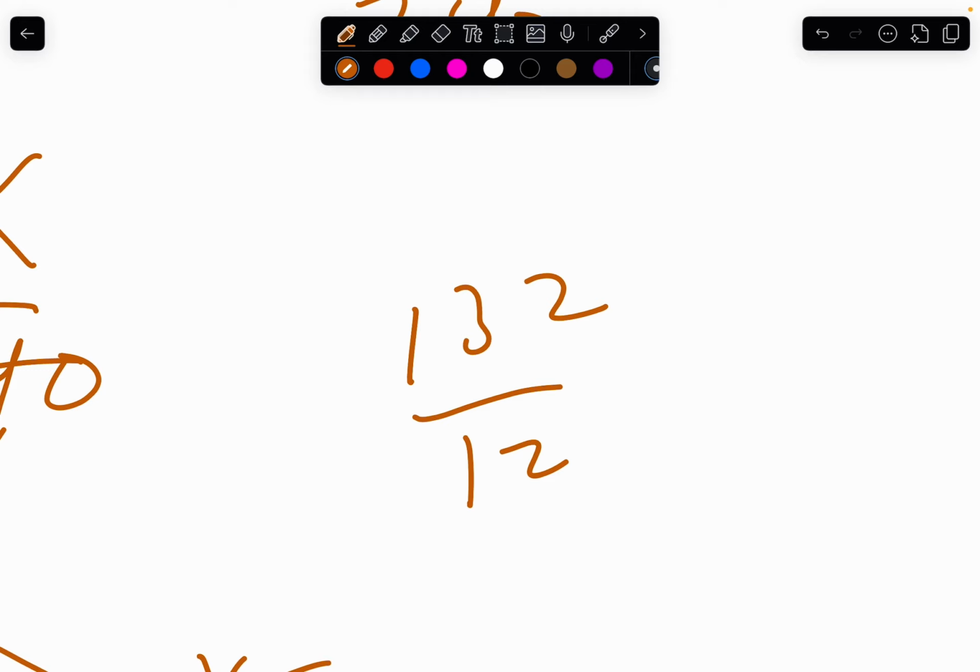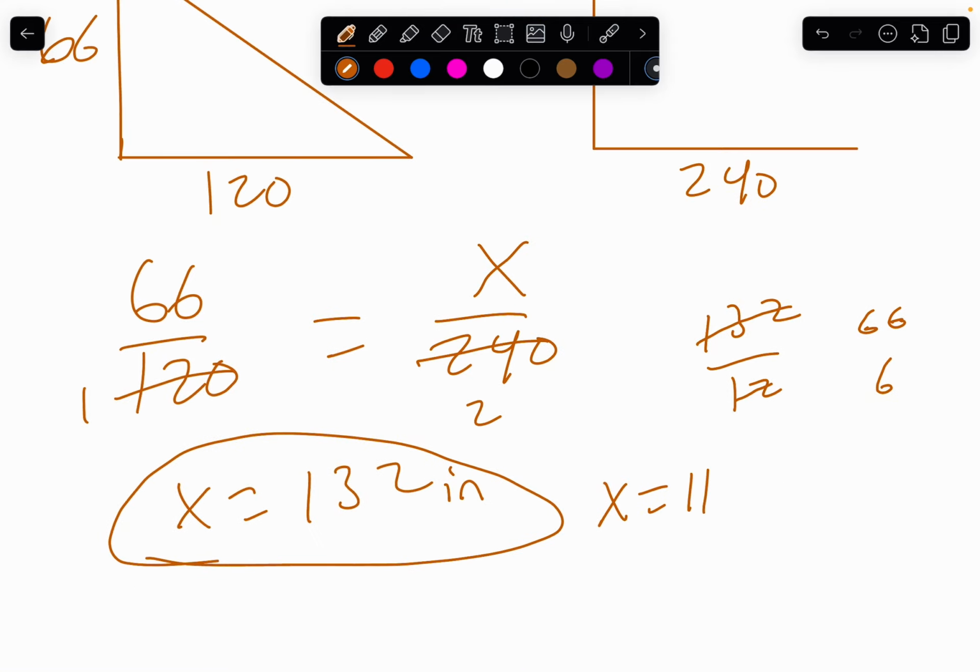Could you divide by 2? 132 divided by 2 would be 66. 12 divided by 2 would be 6. Now, do you know 66 divided by 6? Would that be a little bit easier? Perhaps. But no matter how you do it, you get x equals 11 feet. So it's 132 inches or 11 feet. Woo! That's a lot of work there, my friends.